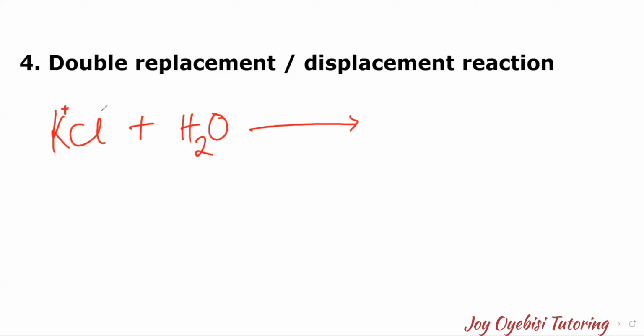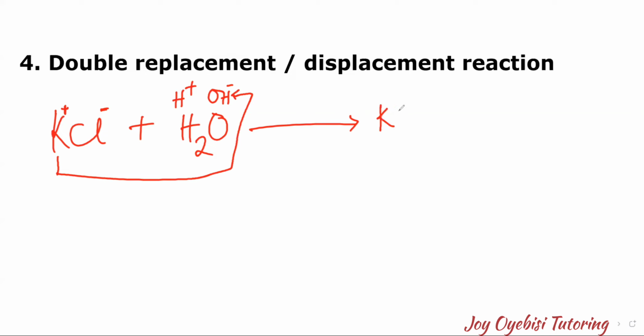Chlorine would have a negative 1 charge. And in the water molecule, we have H plus and OH minus. These are the ions that make up H2O. So the positive sign, of course, we combine with the negative of the opposite side, and as such, it displaces or replaces the hydrogen.